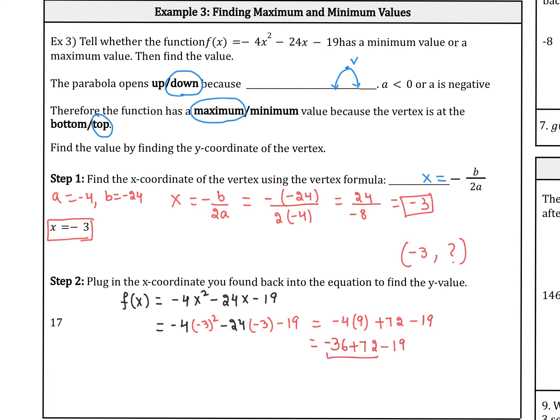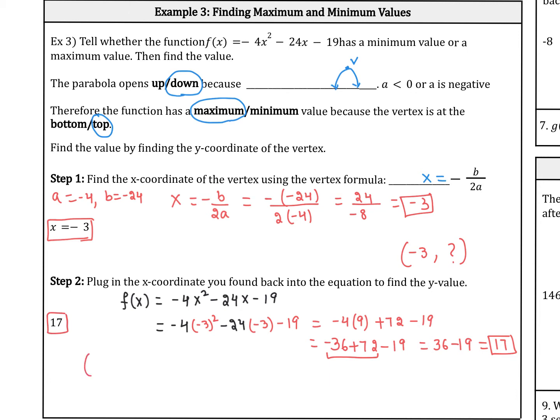When you combine this, negative 36 plus 72 is positive 36, minus 19. So 36 minus 19 is 17. So the y value is going to be 17.